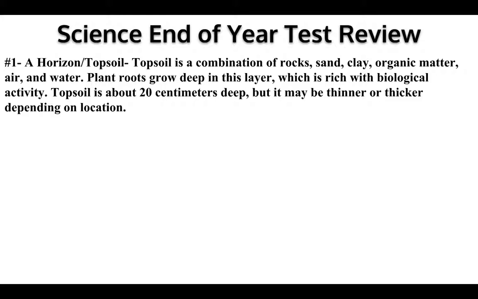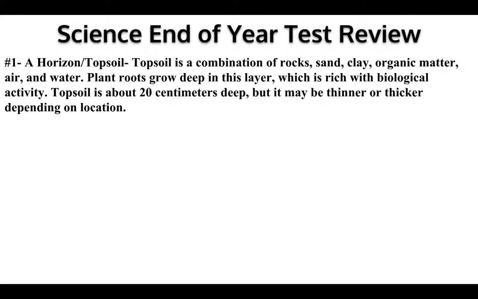Topsoil is about 20 centimeters deep, but it may be thinner or thicker depending on location. So in this layer of soil is where you find biological activity. Biological activity is life. So you're going to find rodents, you're going to find worms, and you're going to find bugs, okay? All this is biological activity that you will find in topsoil.